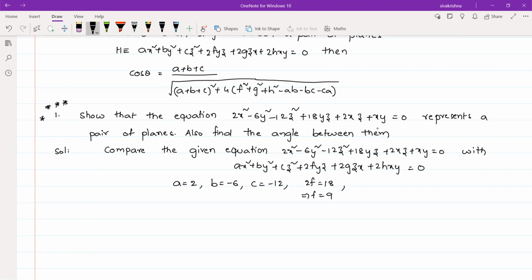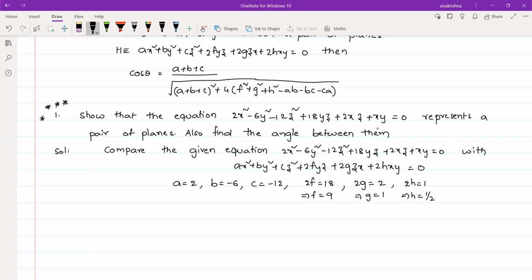Coming to the zx coefficient, it is 2g, and the coefficient of zx in the given equation is 2, so g = 1. Coming to the next term, the coefficient of xy: it is 2h in the standard equation, and the coefficient of xy in the given equation is 1, so h = 1/2.